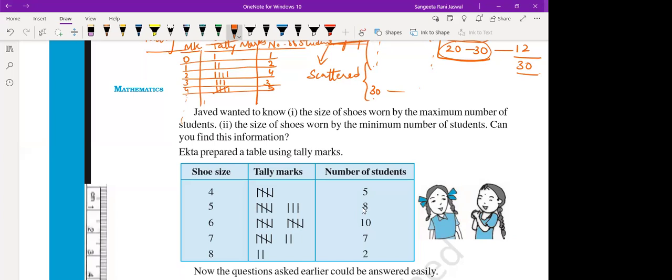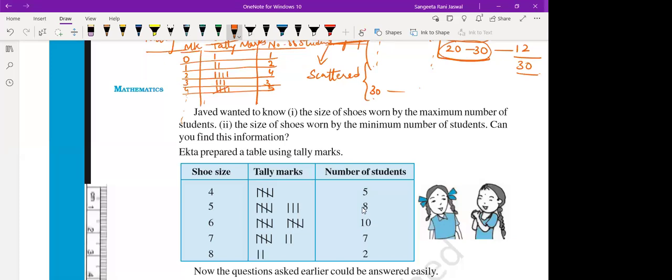And the second part is the size of shoes worn by minimum number of students. Can you find this information? Now, Ekta prepared a table using tally marks. Now see, we'll just understand this. Shoe sizes are given here: 4, 5, 6, 7, 8. These are the sizes of the shoes.